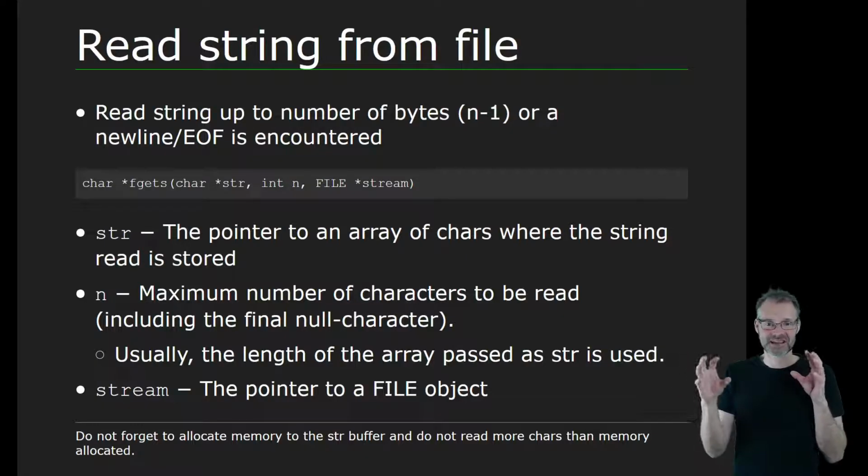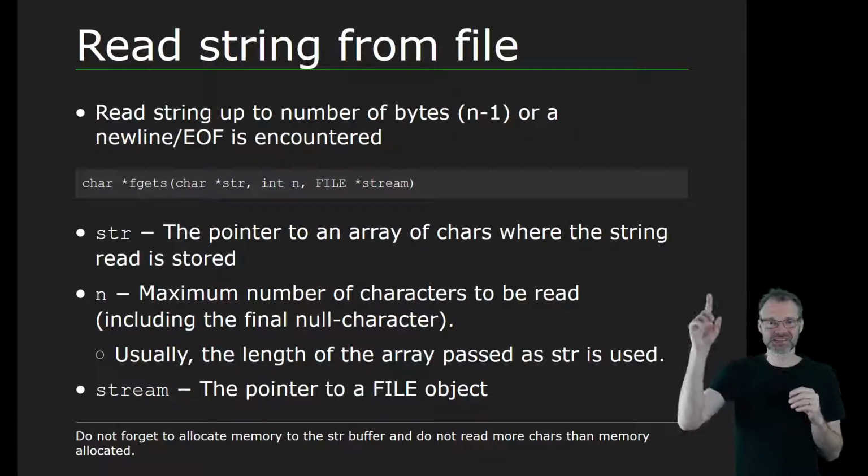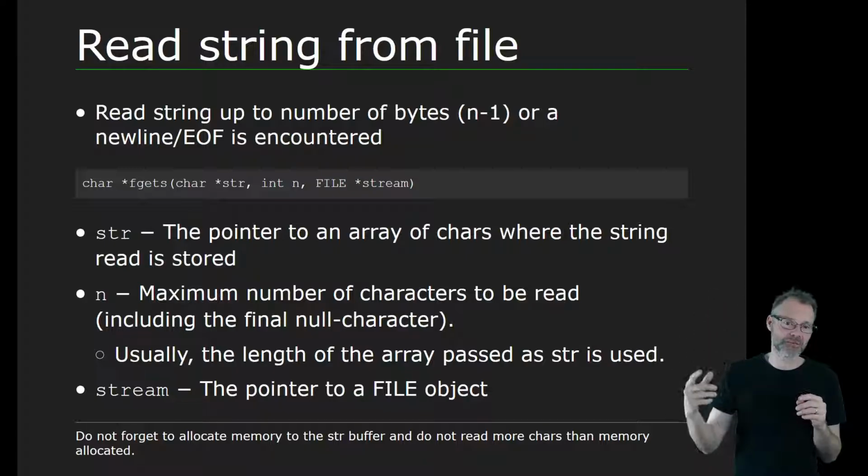So that says read at most n bytes, or actually n-1 bytes that we're going to read here, because the string needs to have its final null terminating character, and that's why we only read n-1 bytes.